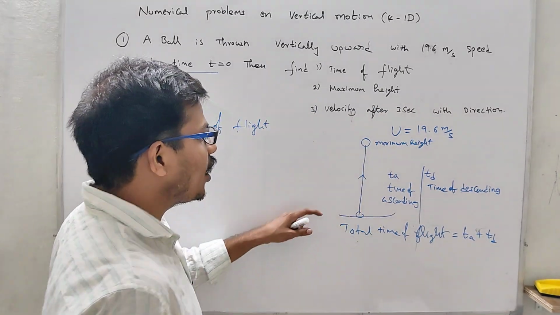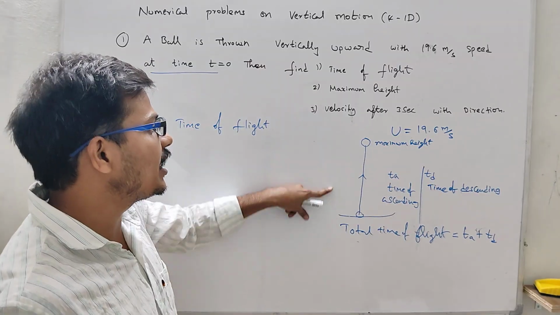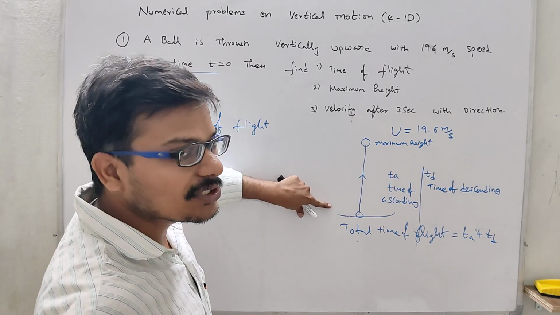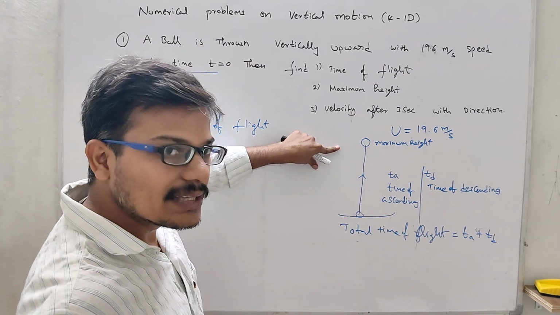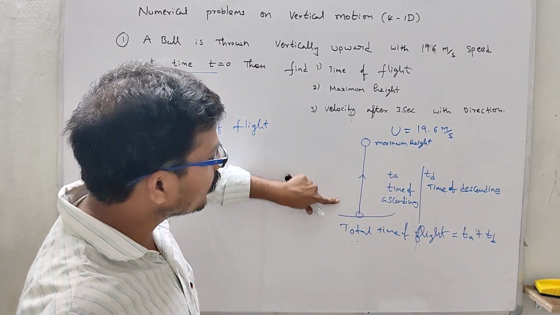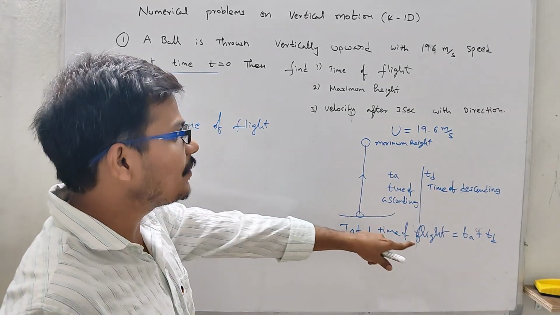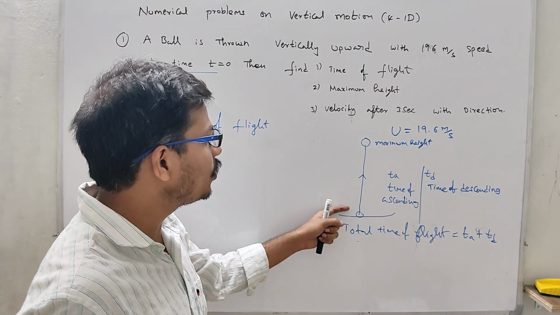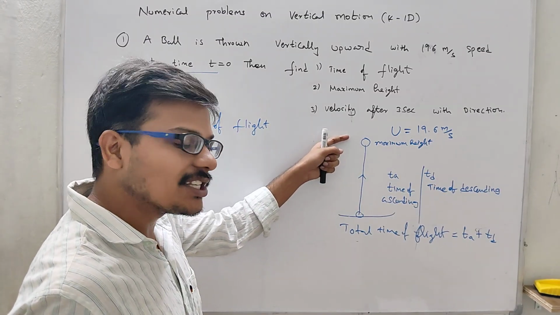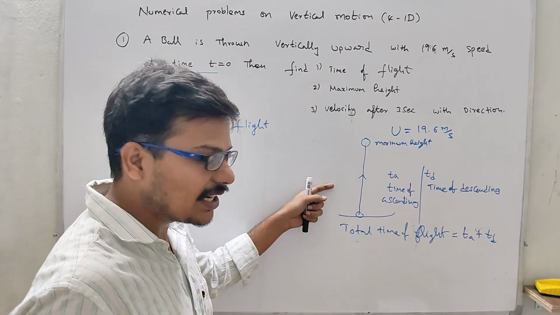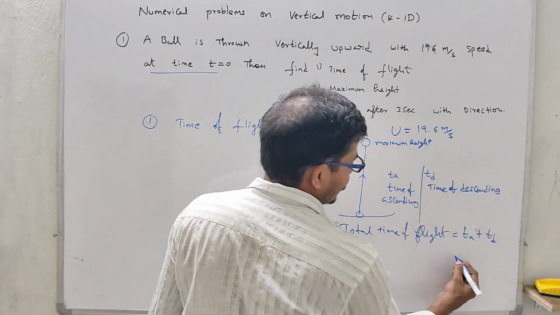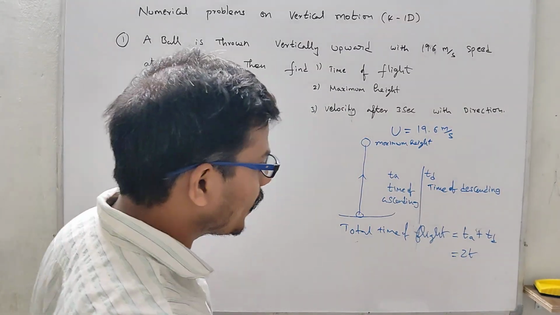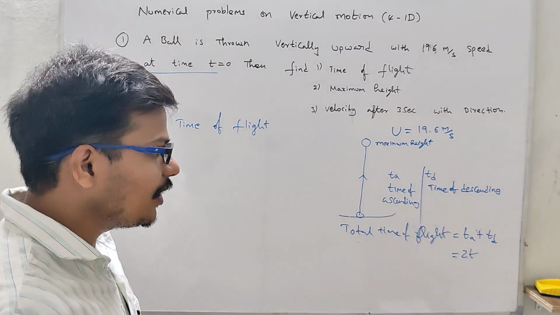The time to reach maximum height is the same as the time to come from the maximum height to the ground. So time of ascending and time of descending are both the same, and we can write it as 2t.